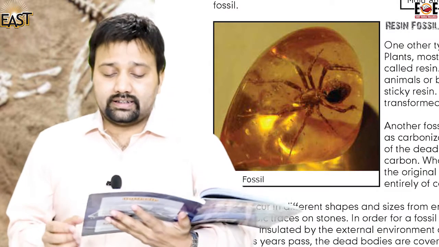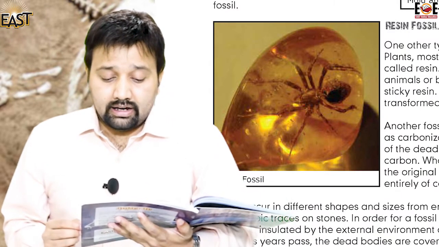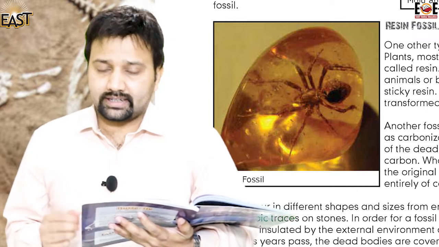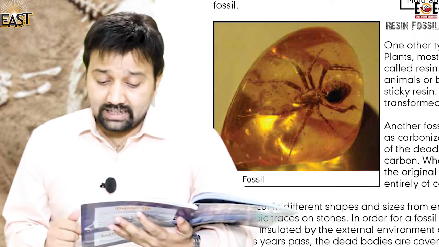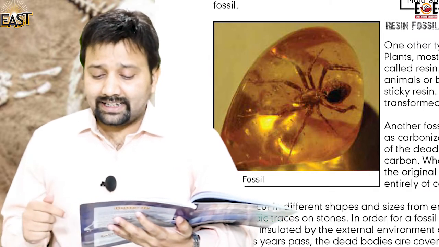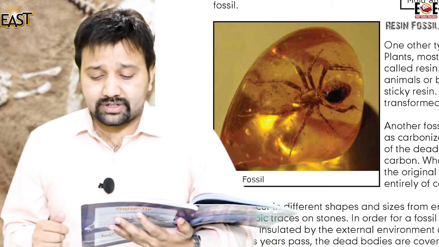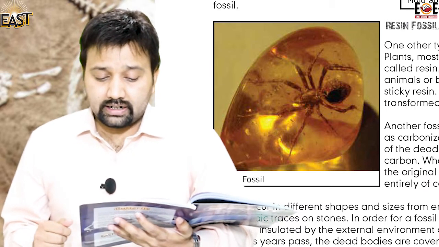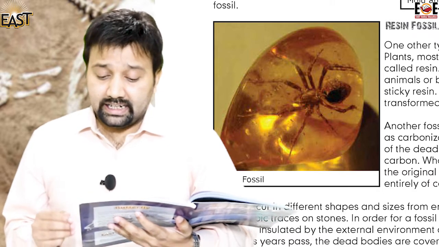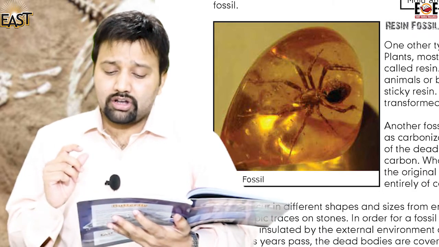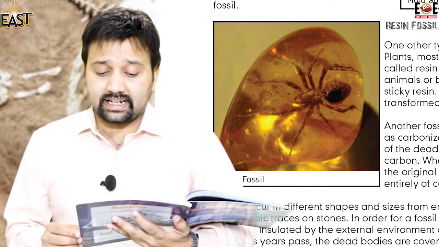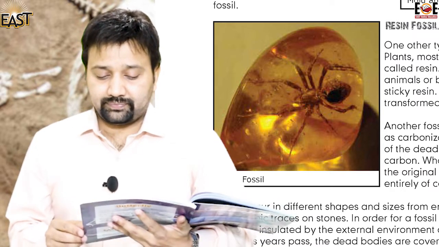Resin fossil. One other type of fossil is the resin fossil. Plants, mostly trees, secrete a sticky substance called resin. At times, insects or small animals or bits of plants get stuck in this sticky resin.